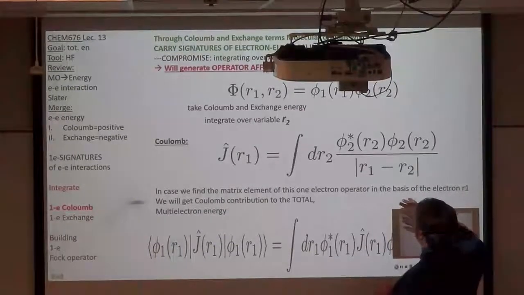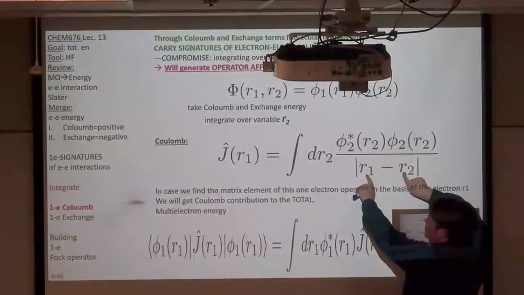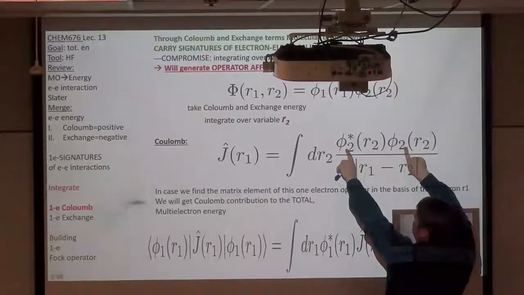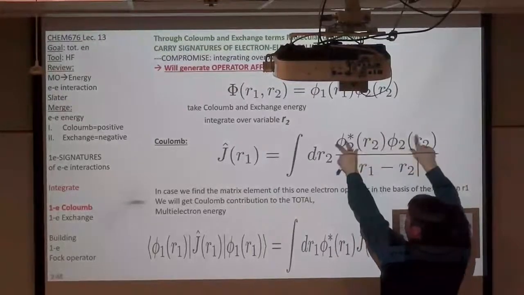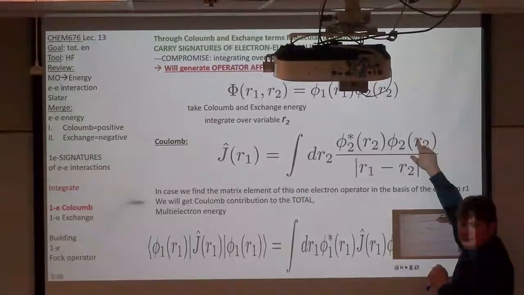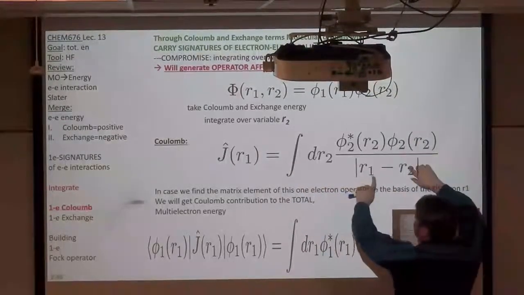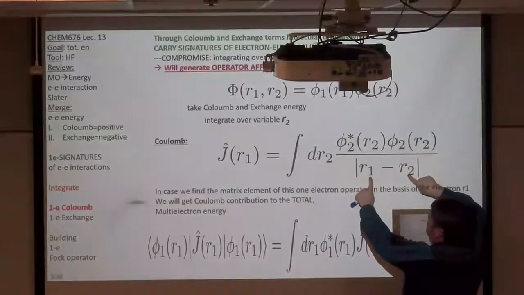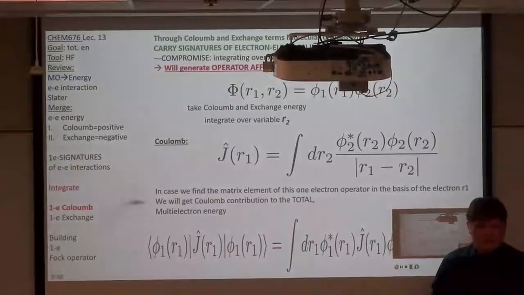So we are keeping the 1 over delta R in the denominator, and we put the probability distribution for the second electron, which is in the second quantum state, and we are integrating over the position of the second electron. But this will not be a number, so we integrate out the dependence on R2, but this object will still depend on R1, right?